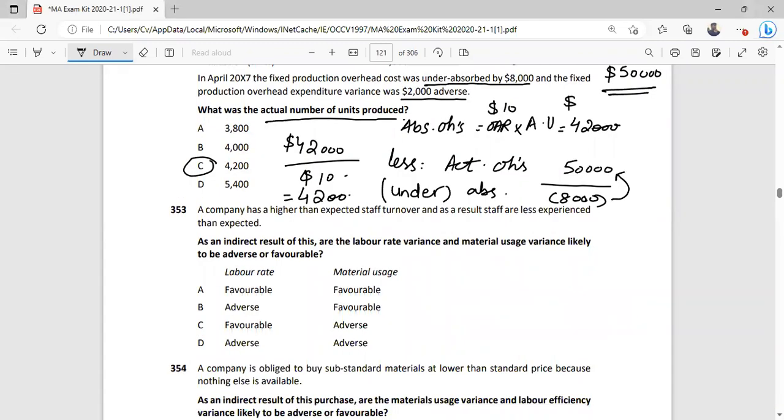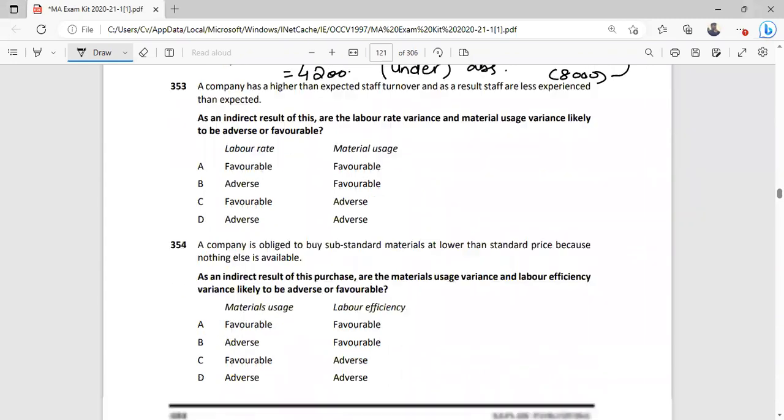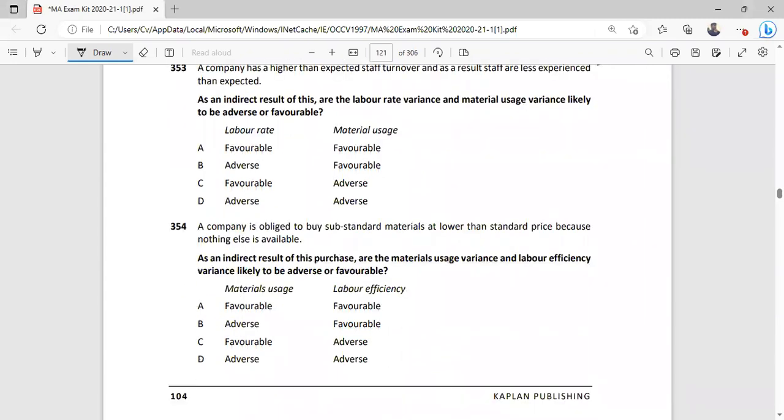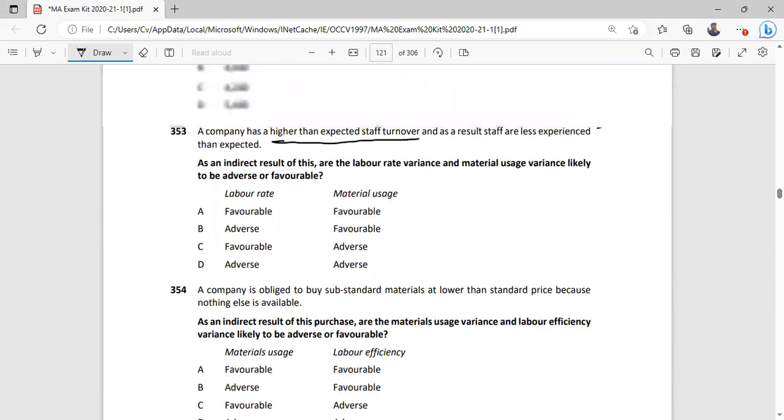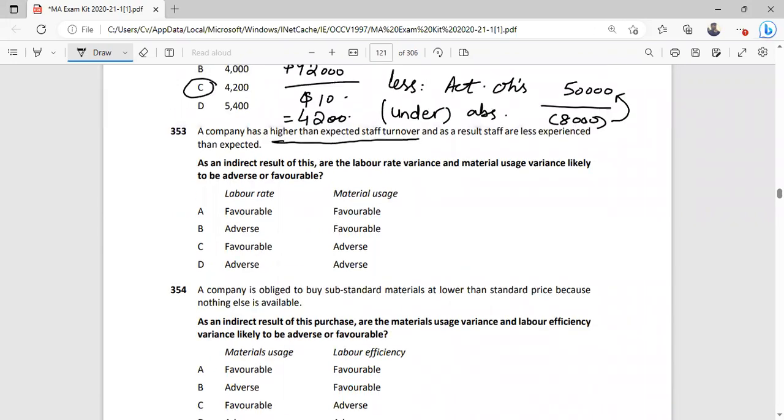Okay, and the next question says that a company has higher than expected staff turnover. It means more people are leaving the company. As a result, staff are less experienced than expected. As an indirect result of this, are the labor rate variance and material usage variance likely to be adverse or favorable?